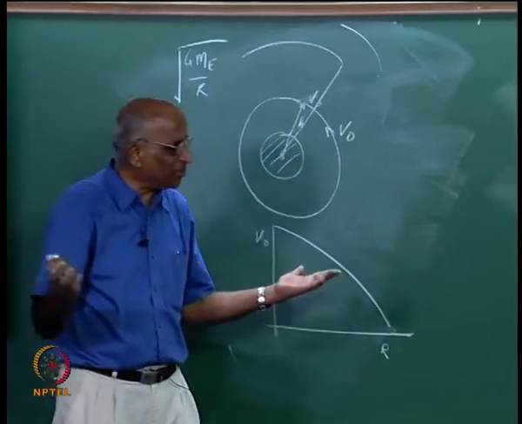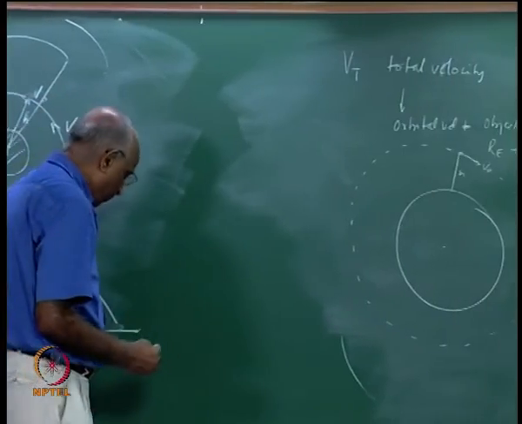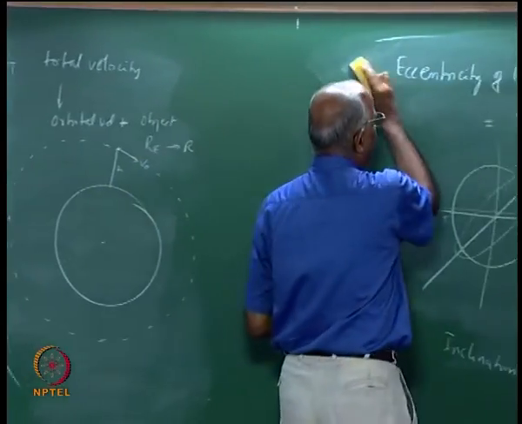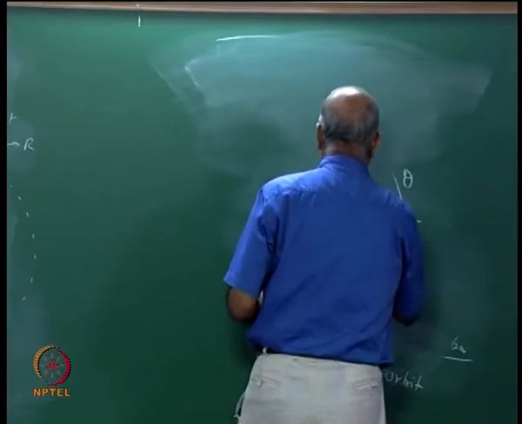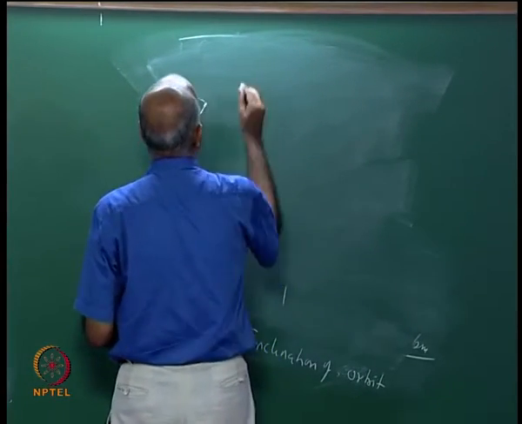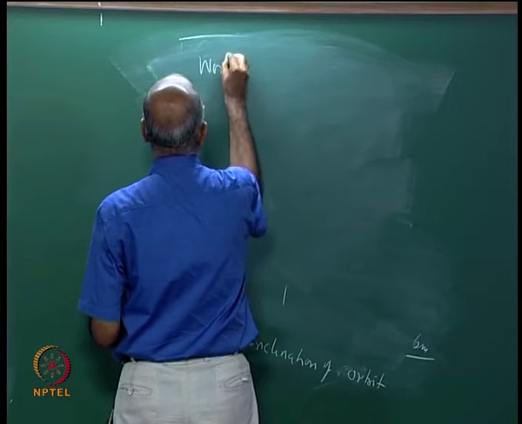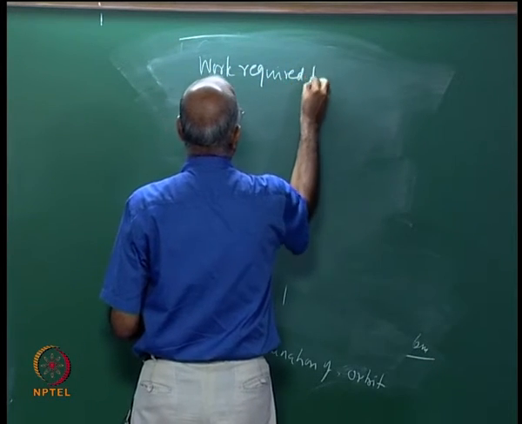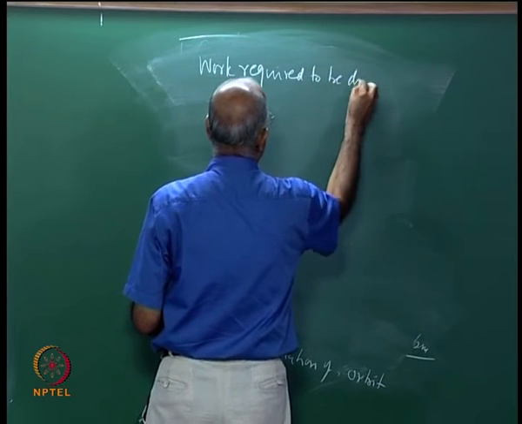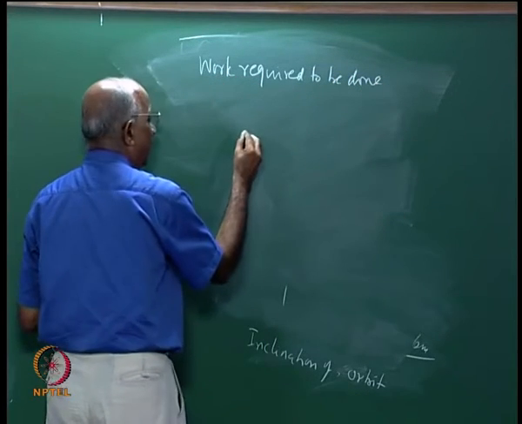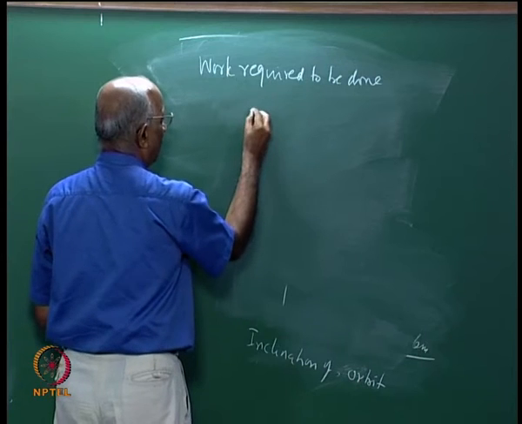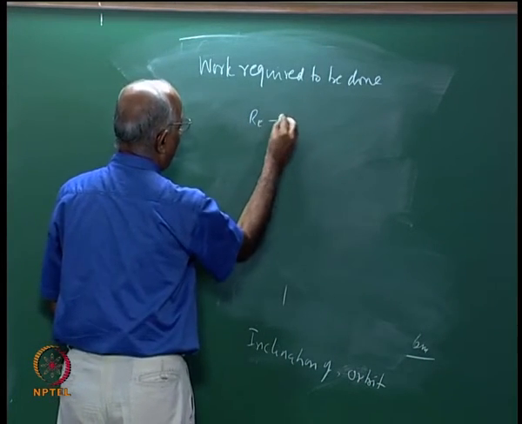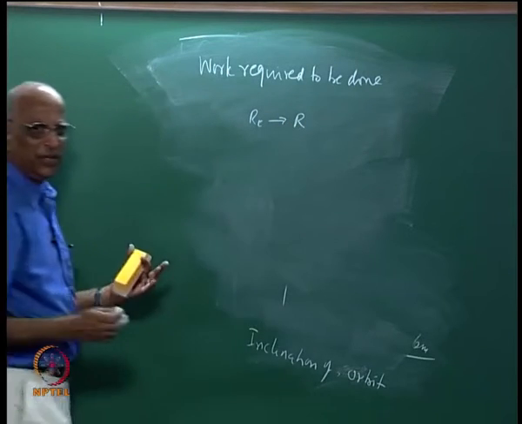Again, we use the same set of equations. We talk in terms of the universal law of gravitation. We ask ourselves, what is the work required to be done to increase the height of the spacecraft, or to take the object from RE to R. Let us consider the earth.